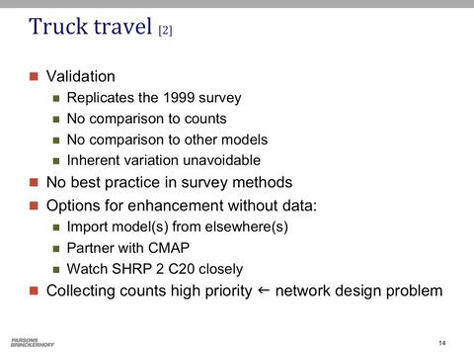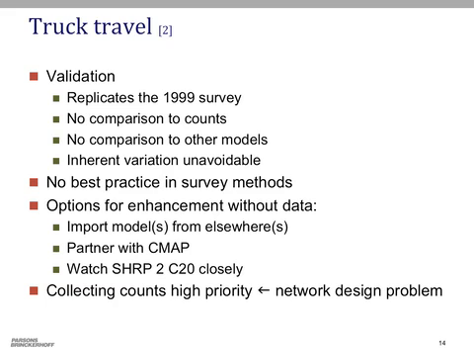There's no comparison to counts because they're relatively few, especially vehicle classification counts. And at least in the documentation, I don't see very many comparisons to other models. And as I noted, this is a story about variation rather than central tendency, and the modeling approach we're using must be judged in that light.